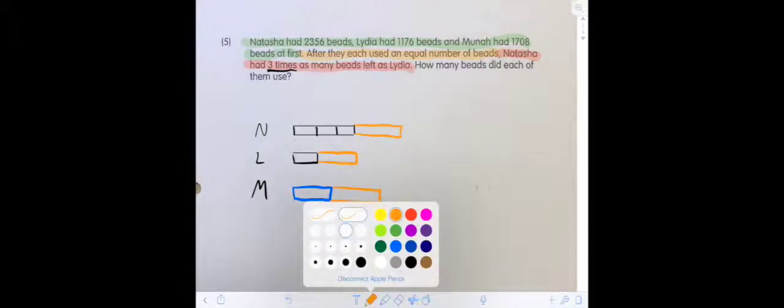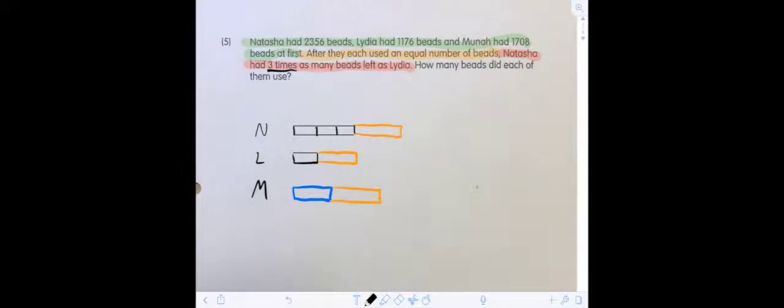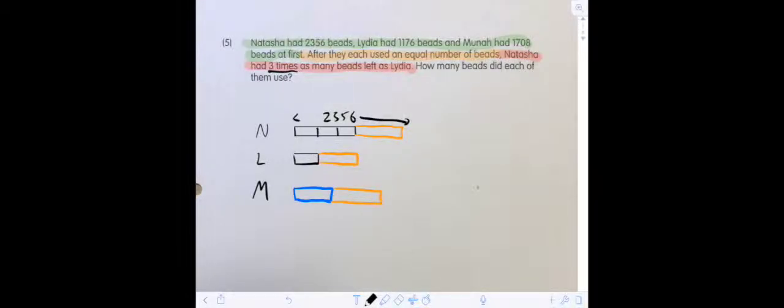Now looking at this, we have to put in the numbers. What we just drew here for Natasha, the 3 black units plus the orange one, is actually a representation of what they had at first before they used the beads. So for Natasha, this is where the 2,356 beads come from.